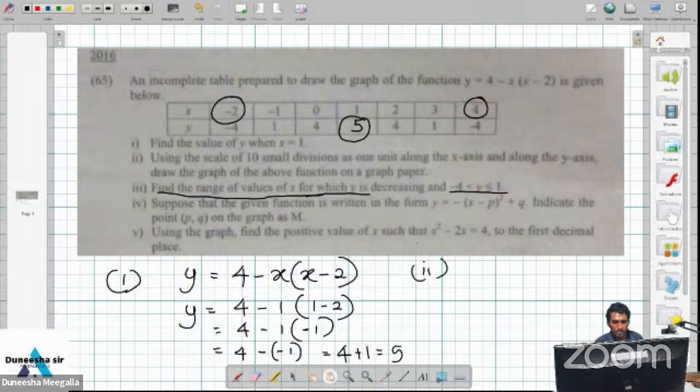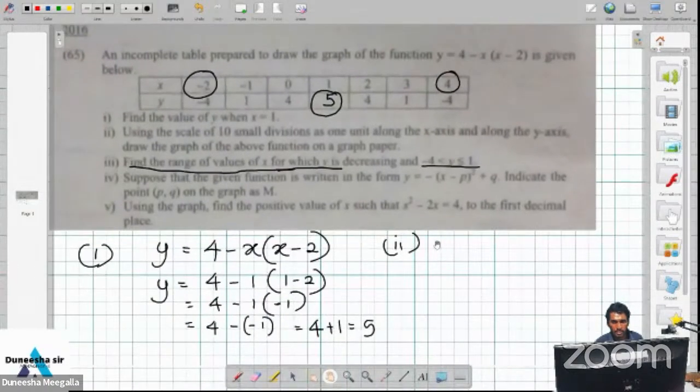What is our graph? Y equal 4 minus x minus 2. 4 minus x plus, we can write like this.